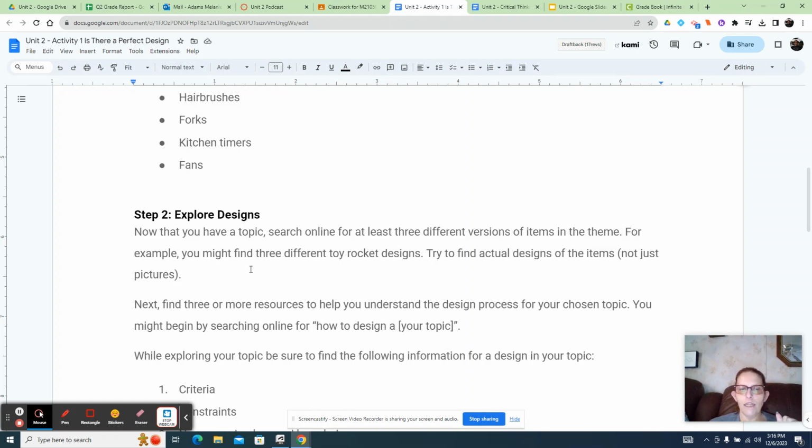Then you're going to find the actual designs. Try to find design pictures, like design sketches on how they were going to build it. And then find 3 or more resources to help you understand the design process.